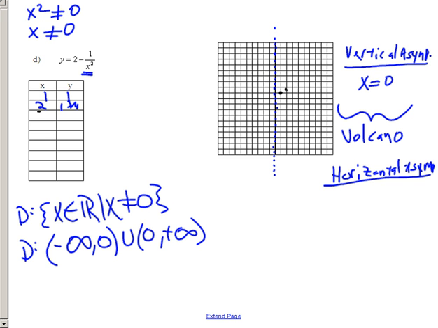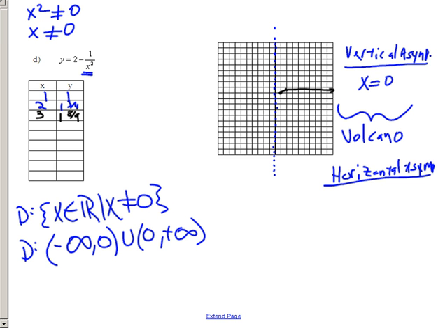If we plug 3 in, we get 1/9 for the fraction, and 2 minus a ninth is 1 8/9. It just gets closer and closer and closer to y equals 2. So it looks like this horizontal asymptote is going to be y equals 2.